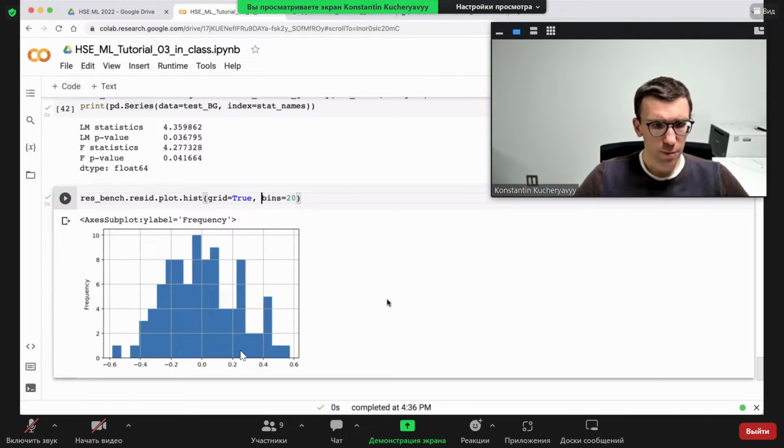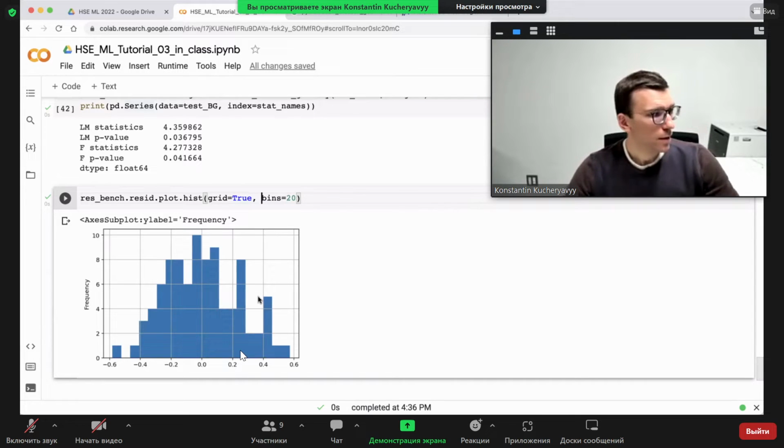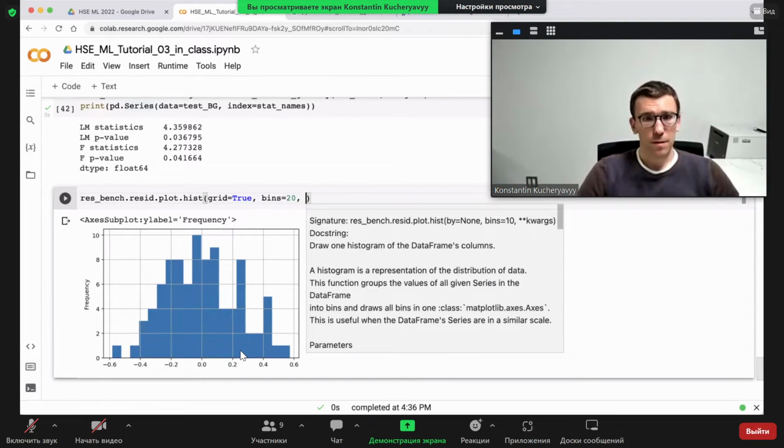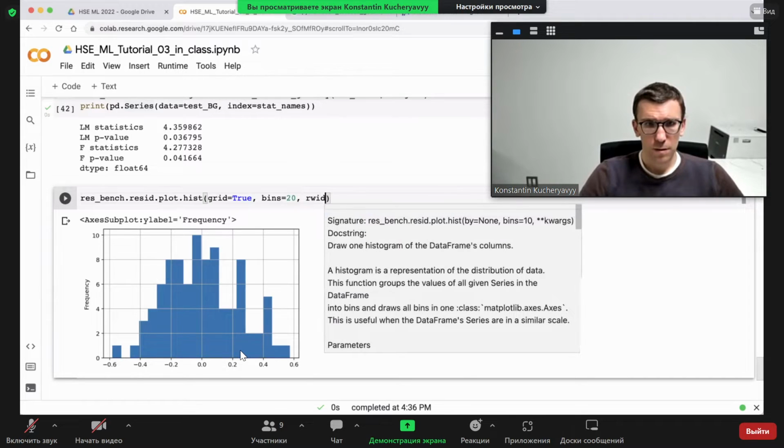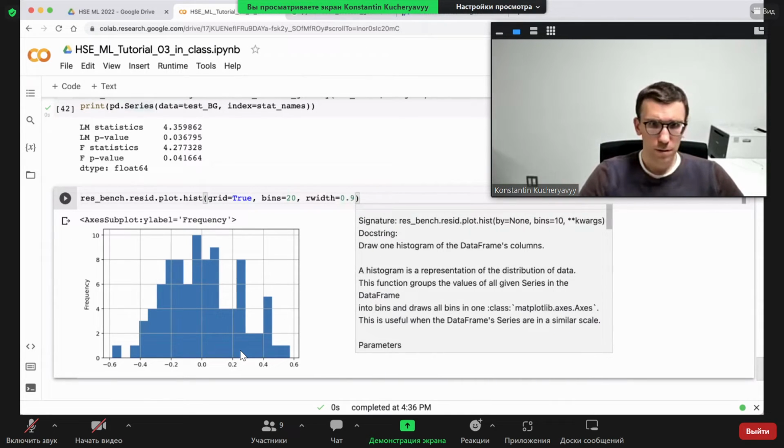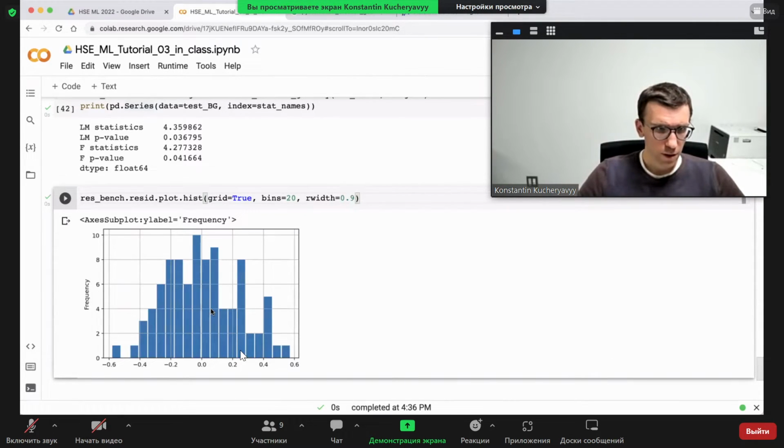Hard to say, but it doesn't look that bad. But we should do formal tests for it. Just made the widths of the bars a bit smaller. So it doesn't look that bad.